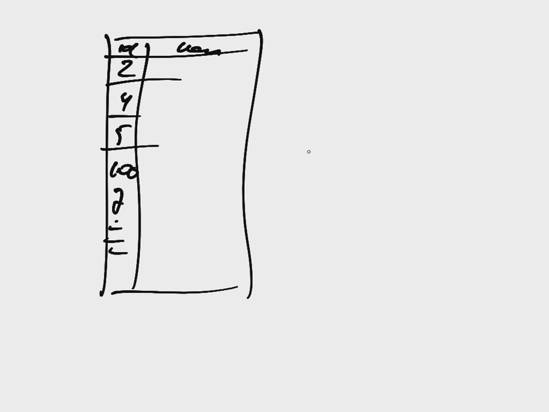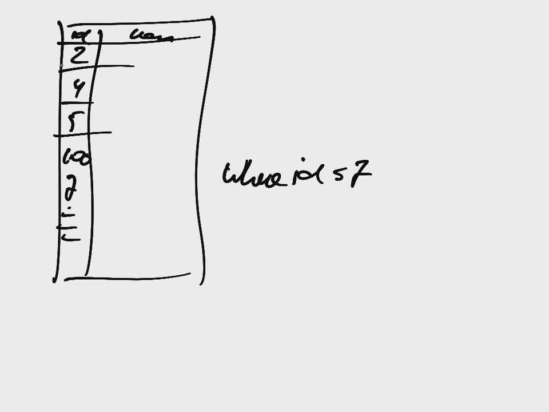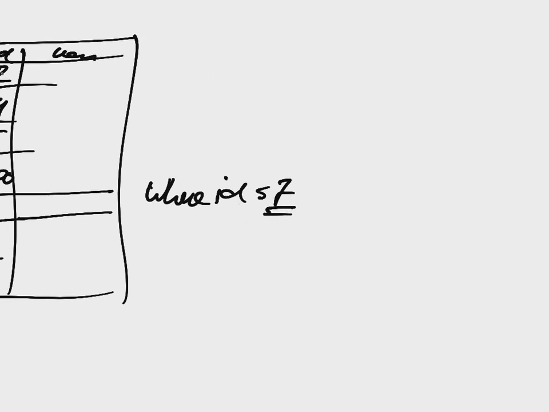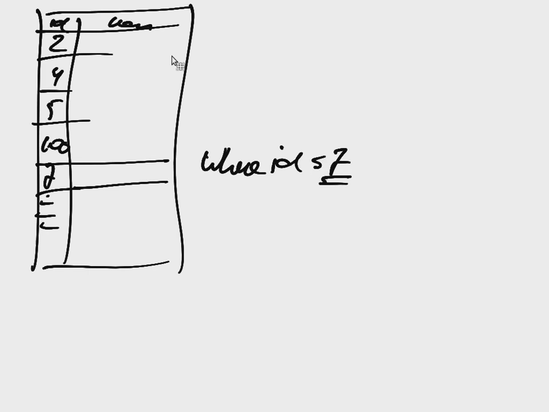And if I need to select, for example, where ID is 7, the problem here is that if these data are not organized, then I need to go, in the worst case scenario, through all the table to find where this identifier is 7. So on average, this means I will need to go to half of my table to find this particular record, and it may take quite a lot of time.